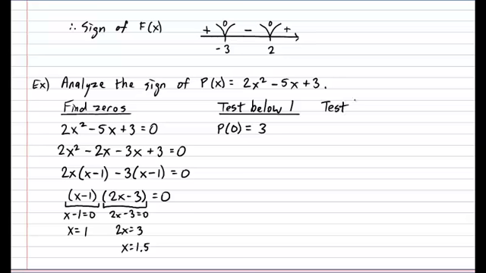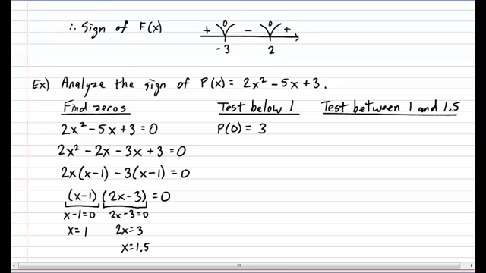So test between 1 and 1.5. Okay, so I'm going to pick, how about, for argument's sake, 1.1. And I believe that, calculating it correctly, it should give me negative 0.08.